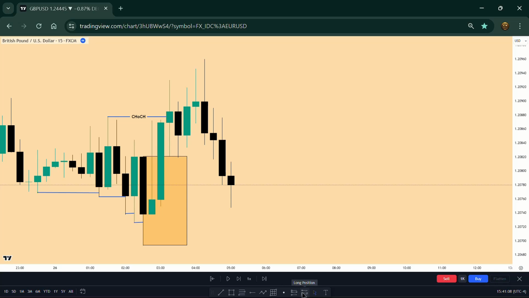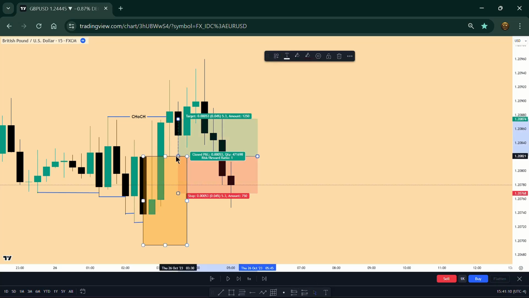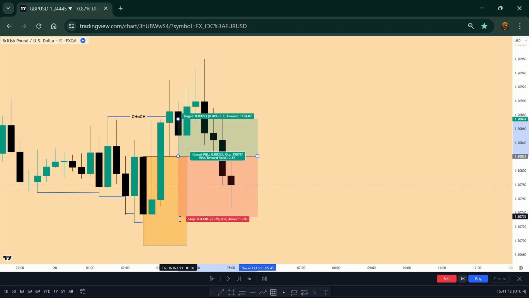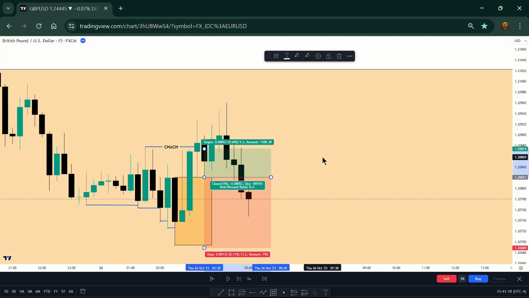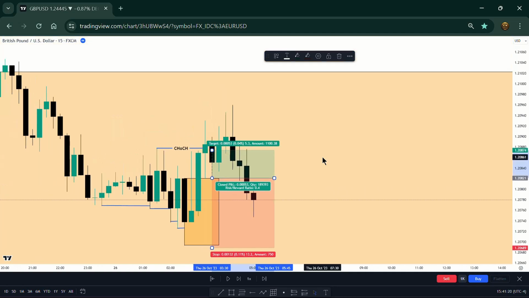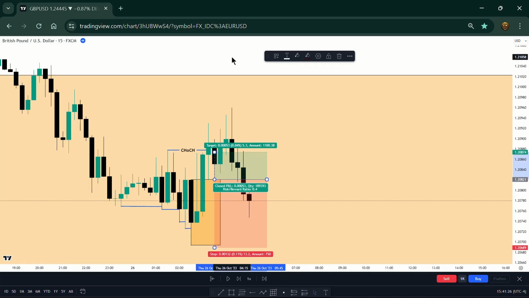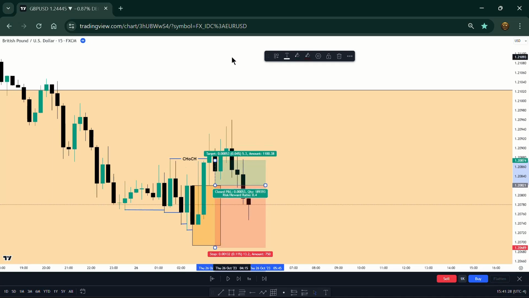Let's see. This is where you're going to enter right there. I know this looks very big on the lower time frame. So this is what you need to make sure again. My first take profit is always support.